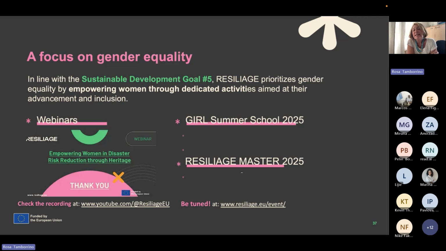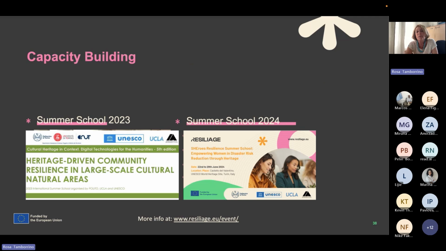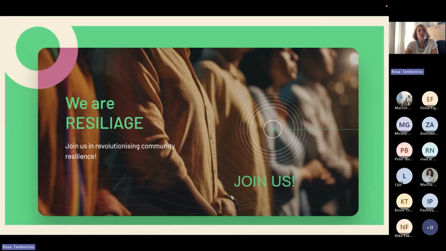In any case, capacity building activities are an especially important and relevant part of the Resiliage project and include several kinds of activities. For example, we hold summer schools focusing each year on different aspects.